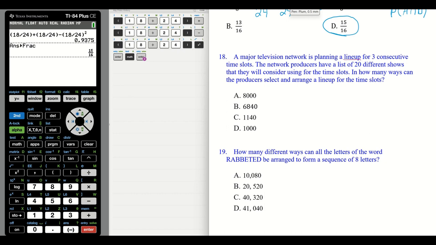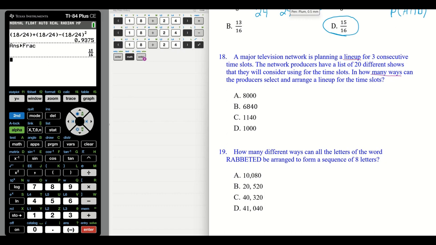The network producers have a list of 20 different shows that they will consider using for the time slots. In how many ways can the producer select and arrange a lineup for the time slots?